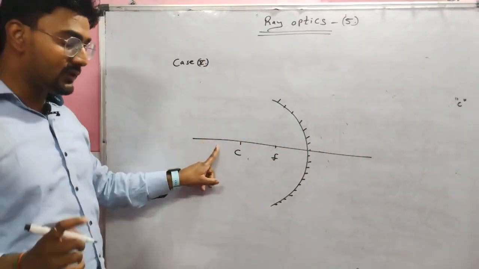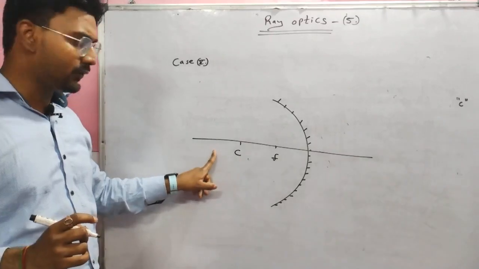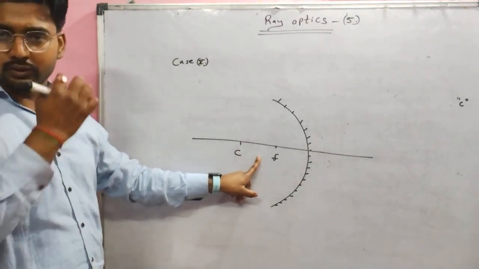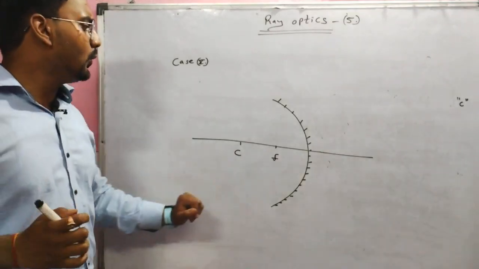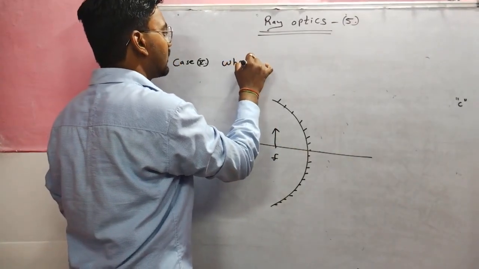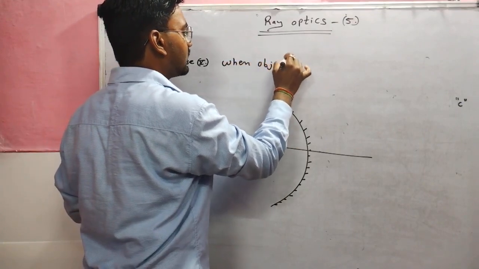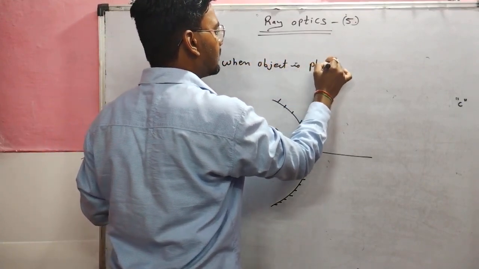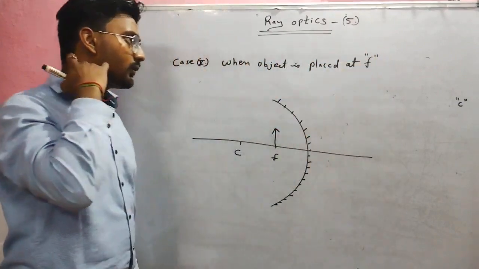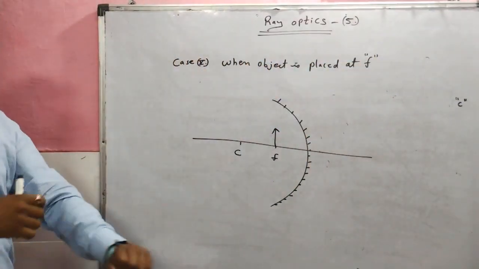In case first we put the object beyond the center of curvature, in case second at the center of curvature, in case third between C and F. Now we are going to put the object at F.